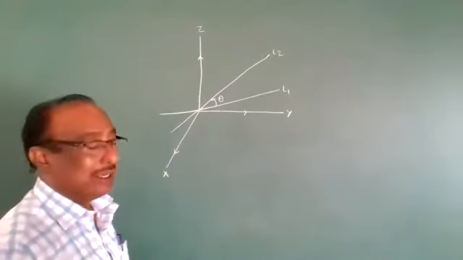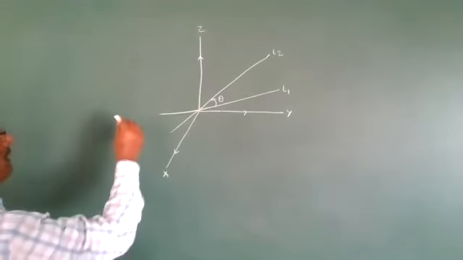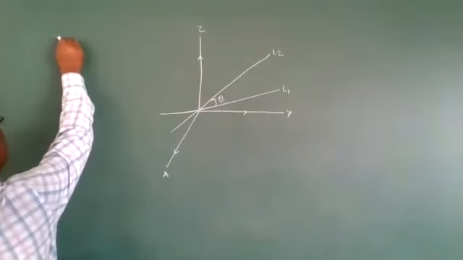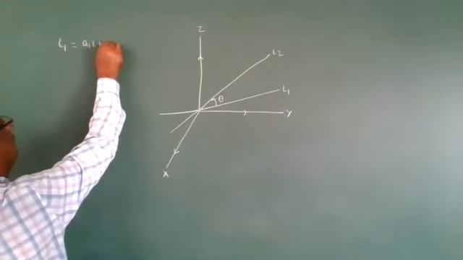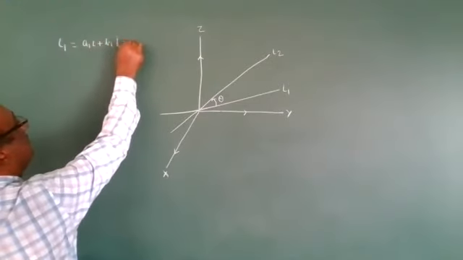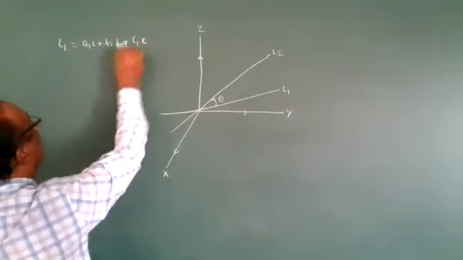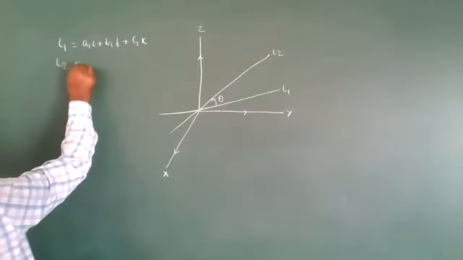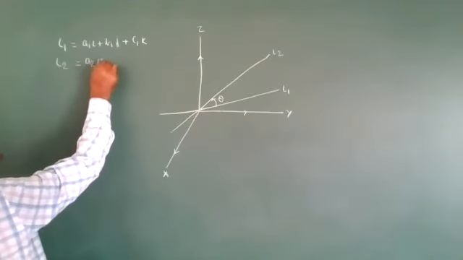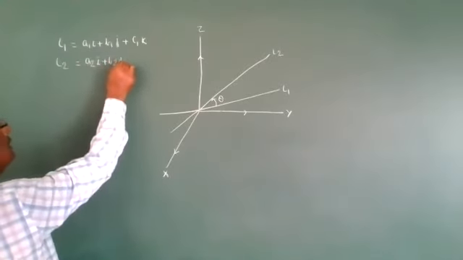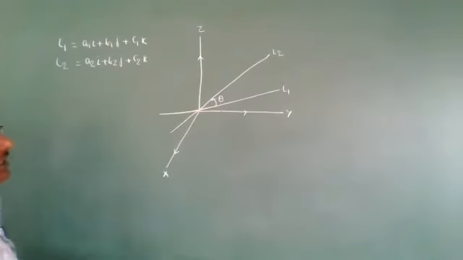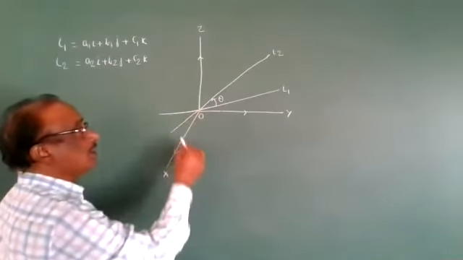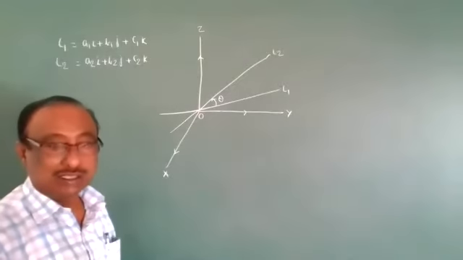Now, positive angle. What are the given lines? The L1 line is given by a1 i plus b1 j plus c1 k, and the L2 line is given by a2 i plus b2 j plus c2 k. So the position vectors of the L1 line and the L2 line are given.